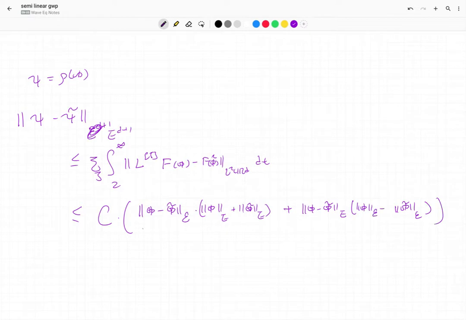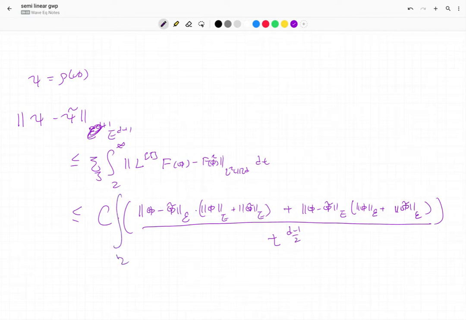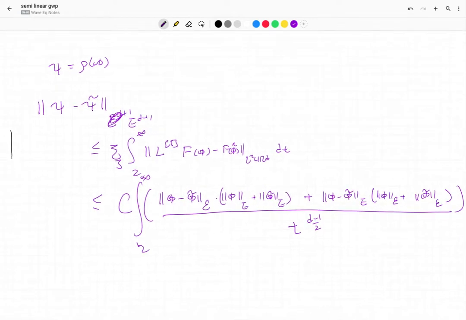The whole thing divided by t to the power d minus 1 over 2, integrated from 2 to infinity dt. Something like this, using case 1 and case 2 as we did before. Now this integral can be taken away because we know that the integral converges.